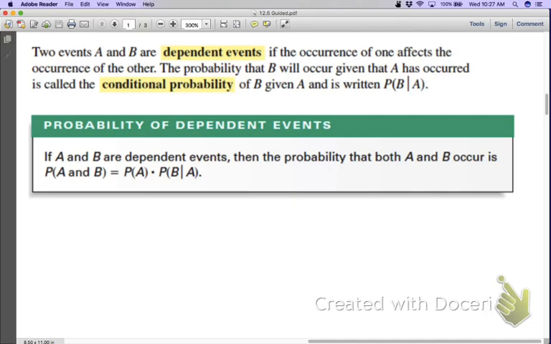But all the second part really means is that there's a change in the number of outcomes that I have, or the number of total events. Okay? So really this is just meaning that there's a change in the original probability.